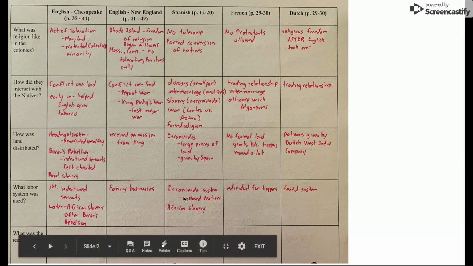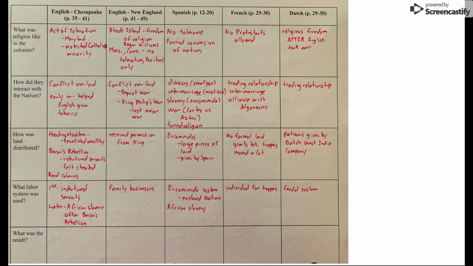So in terms of a labor system here, the encomienda system is their main labor system, at least in the beginning. It enslaved the natives. However, once diseases and all other things kind of took their toll, they kind of transitioned to African slavery later on, particularly in the Caribbean and South America.